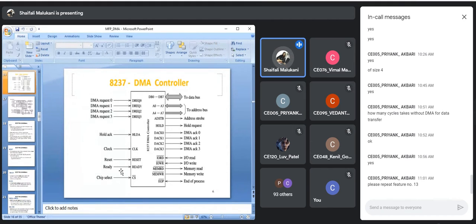What the ready pin does is make you wait for your IO to be ready. If you are reading from your IO and writing to memory, IO must have data. Otherwise you will keep writing the same data again and again in the memory, because it is not updated, right? So once your IO is ready, it will tell you that it is ready, and then you will read the data. So the ready pin helps you cope with the mismatch in speed, right?